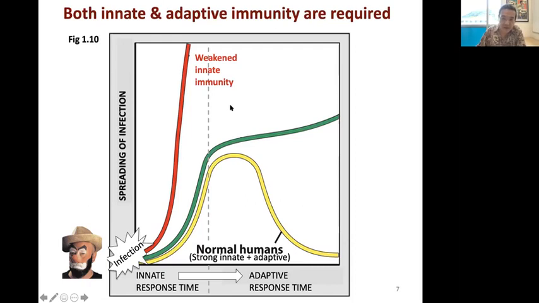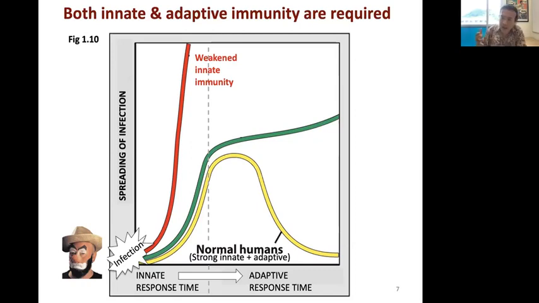Right? But to the left of the dotted line, it's just the innate side that matters. If people have a weakened innate immune system, then they cannot do anything to help resist bad clown spreading, and the levels of bad clown take off very quickly.